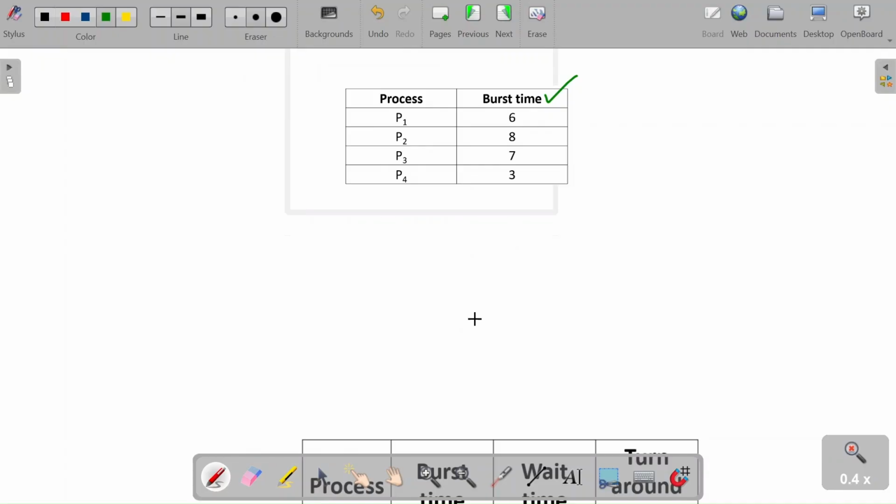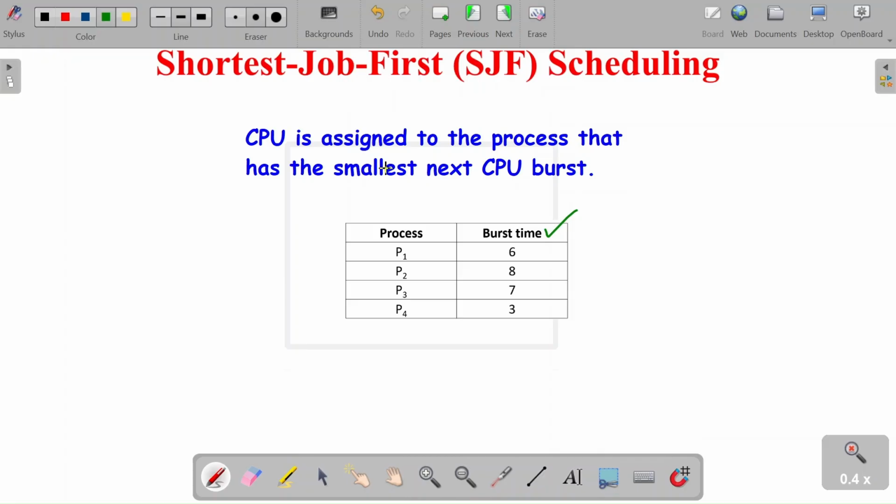Having four processes, in shortest job first we have to look at the smallest next CPU burst. Out of 6, 8, 7, 3, which has the smallest burst time? 3 is the smallest, so P4 has the smallest burst time.